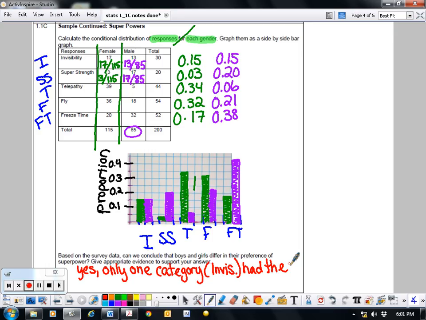It had similar or close values between genders.